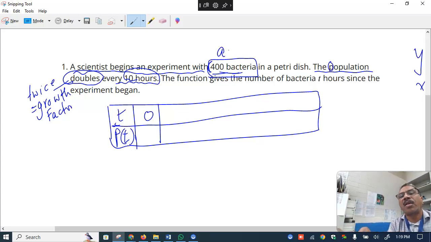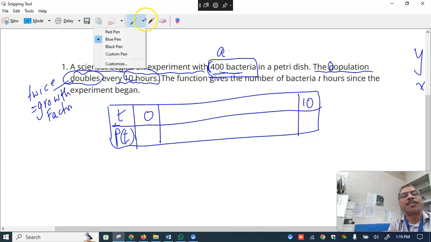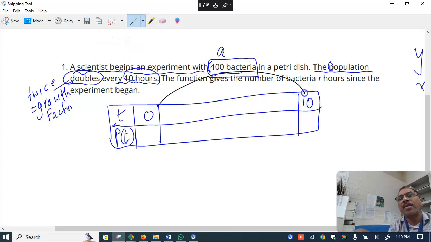I want you to create a table for each of these problems, for visual understanding of what's going on. Now every 10 hours, so this is a group of 10 hours. From here to here, a group of 10 hours, the population, which was 400 in the beginning, doubles.